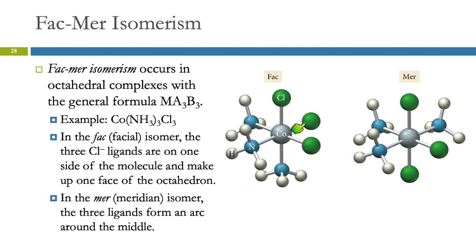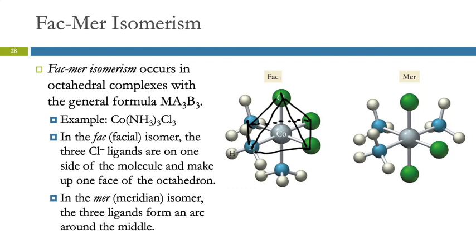So it's easiest to look at the chlorines here. So here, the 3 chlorines form a triangle. That's going to be one face of the octahedron. So, these would be the faces, right? And then there's one back here. So these 3 make one of the faces.